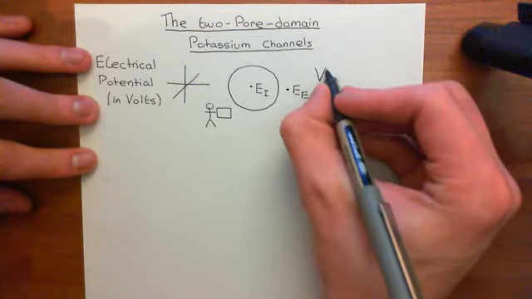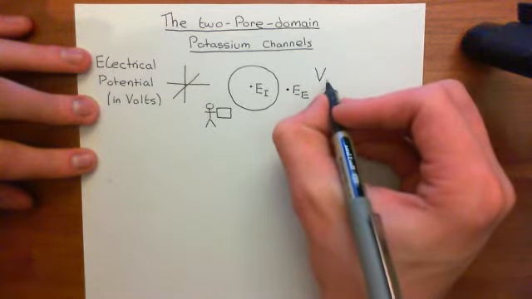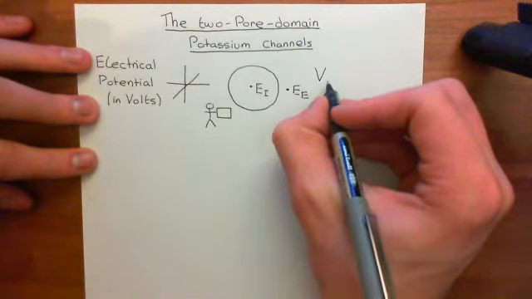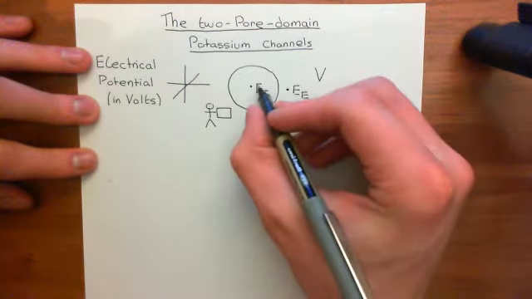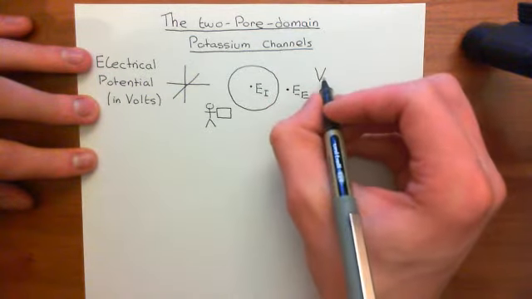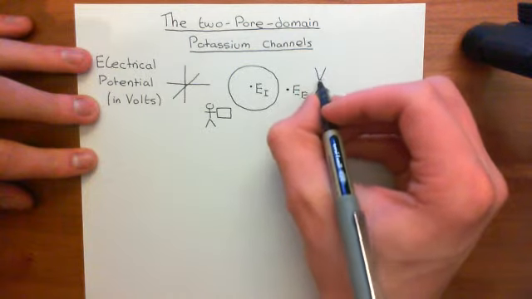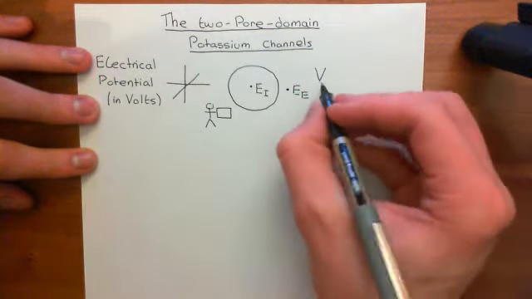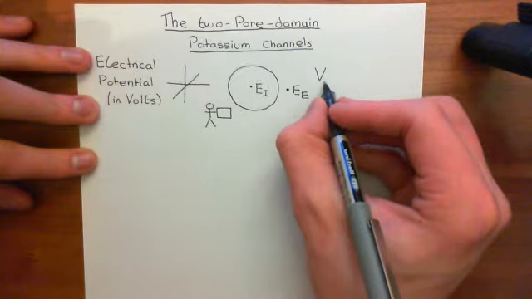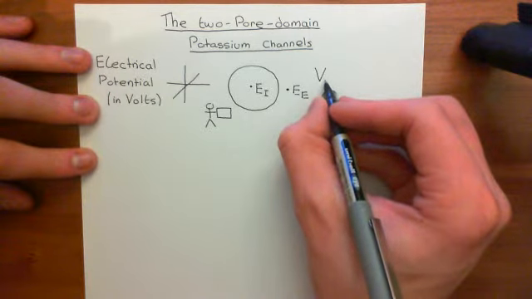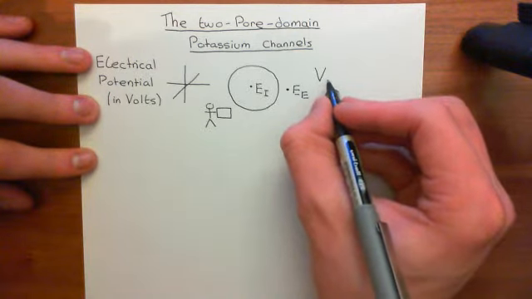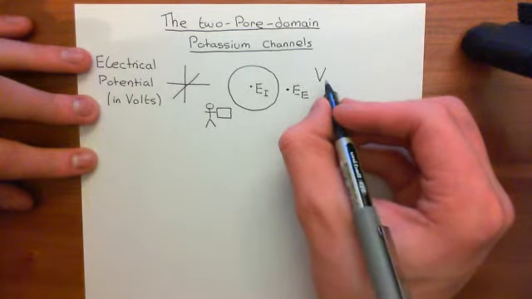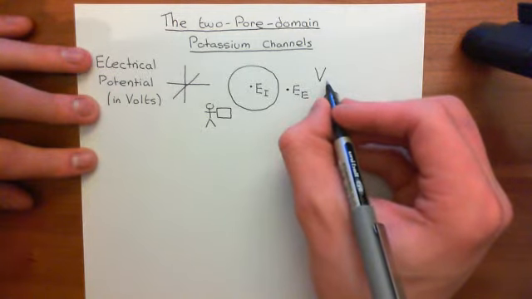Electrical potential difference is also called voltage. So when you have an electrical potential difference across the cell membrane, you can also call that a voltage across the cell membrane, and it's given the symbol V. Now strictly speaking, when people talk about electrical potential differences or voltages across the cell membrane, they should tell you exactly which direction they mean.